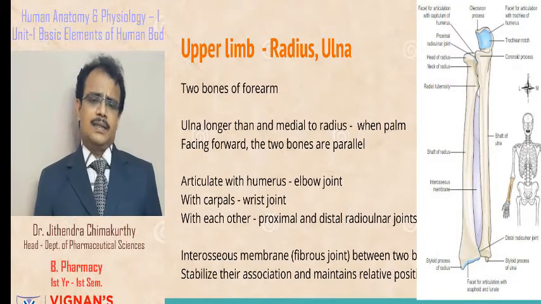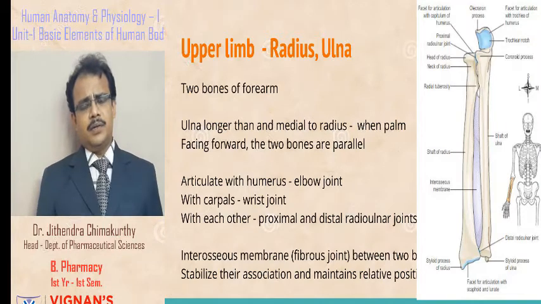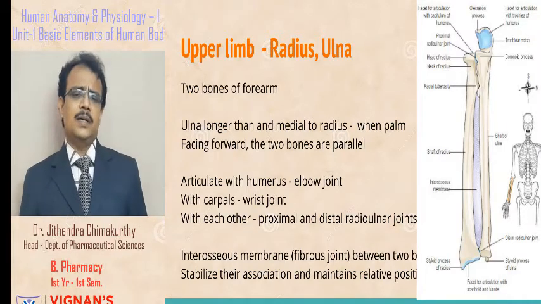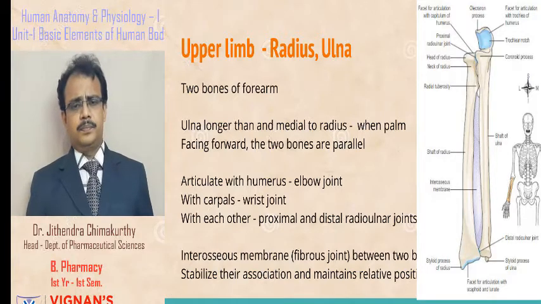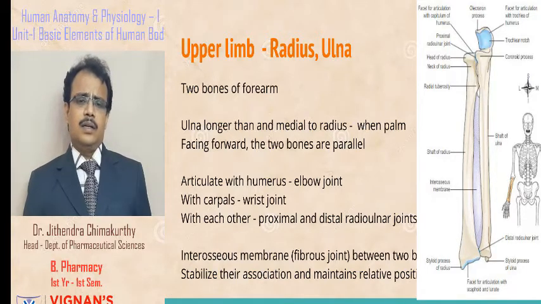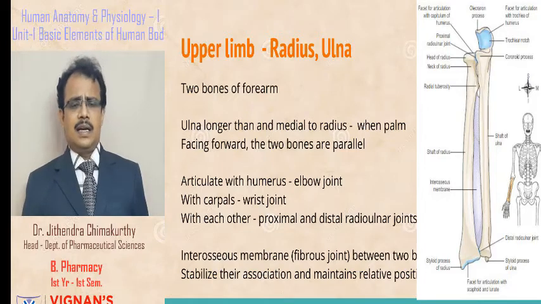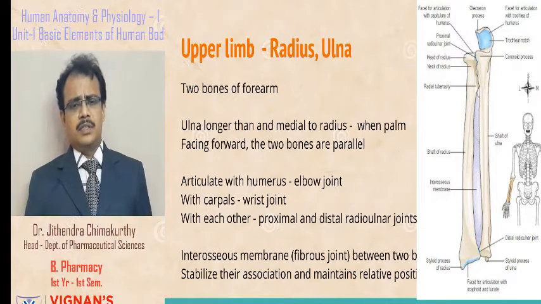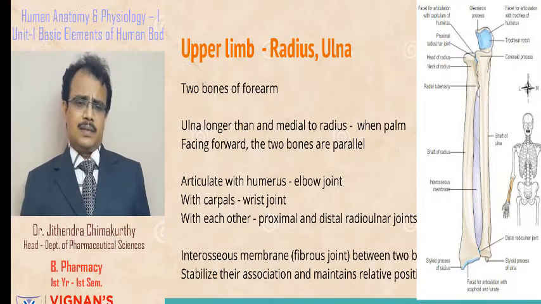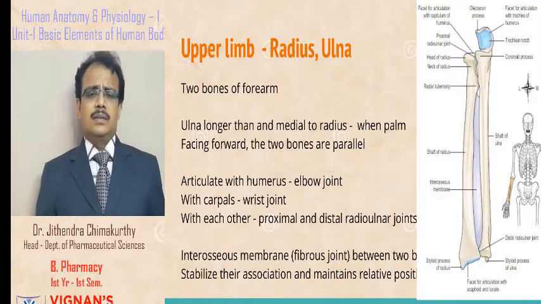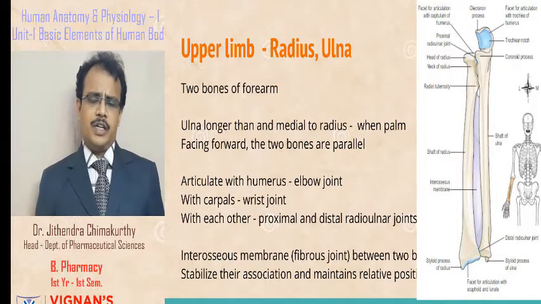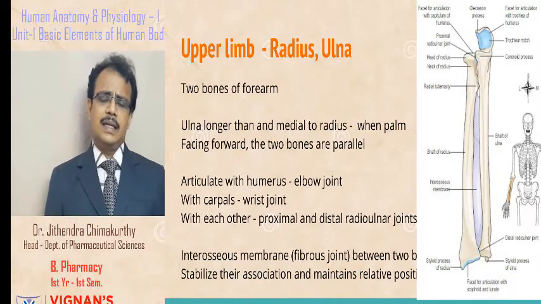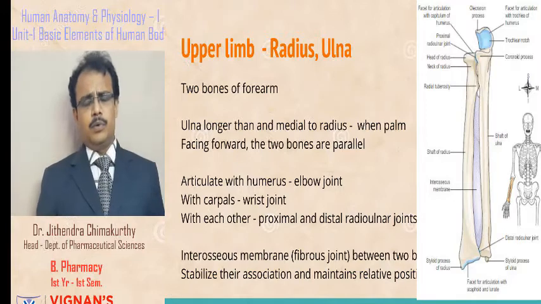Both the radius and ulna have facets for articulation with the humerus, which forms the elbow joint. At the distal end, both the radius and ulna have the styloid process which gives attachment to the muscles. And there is a slightly flexible radio-ulnar joint on both the proximal and distal ends of the bones.